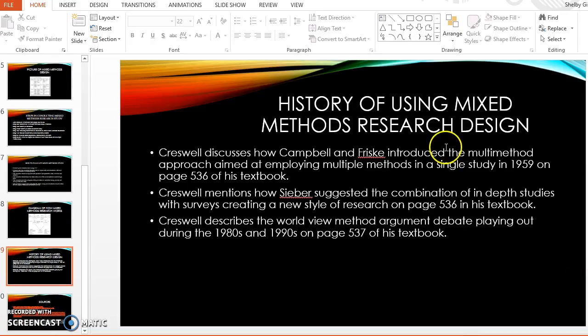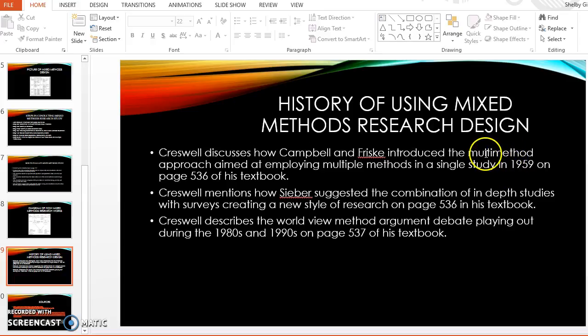Okay, so Creswell got into the history a little bit, and I wasn't going to go over all of it, but I was going to give a brief overview. The first two researchers that helped get mixed methods research going were Campbell and Fiske, and they introduced the multi-method approach aimed at employing multiple methods in a single study in 1959, according to page 536 of Creswell's book.